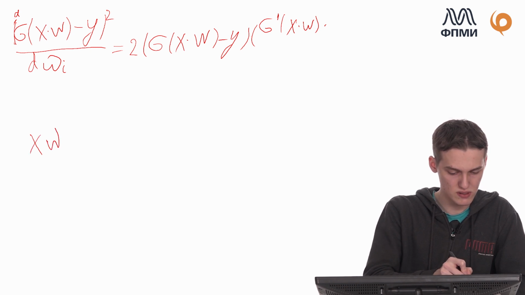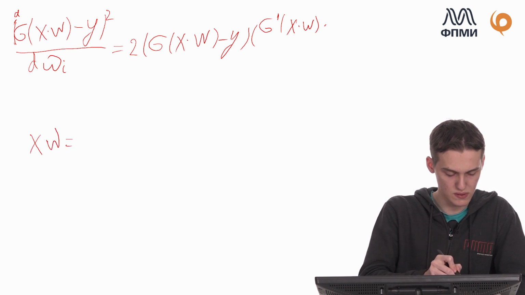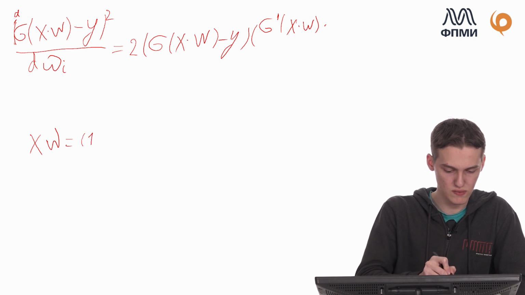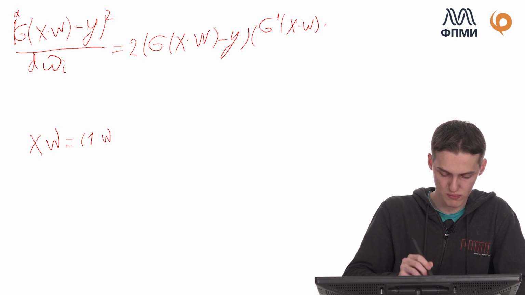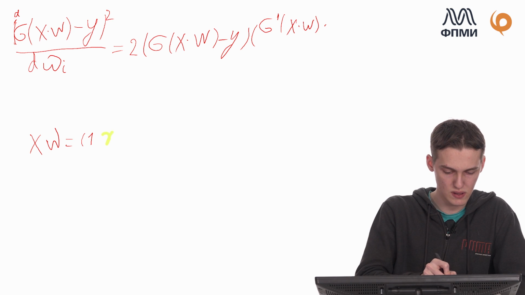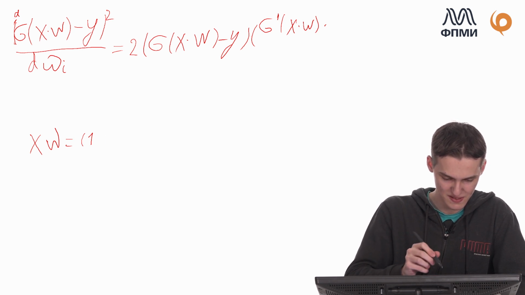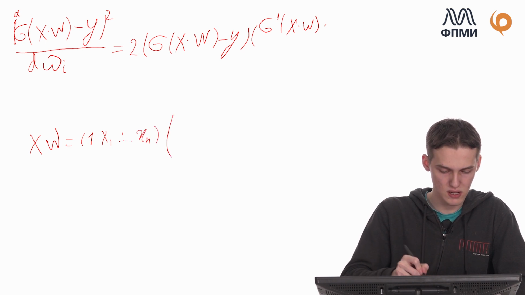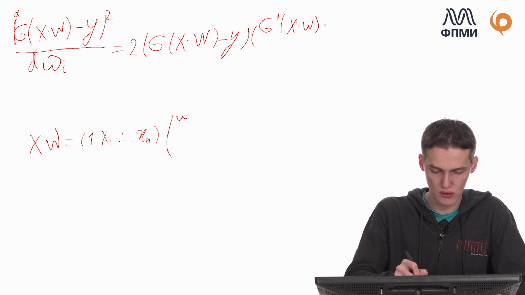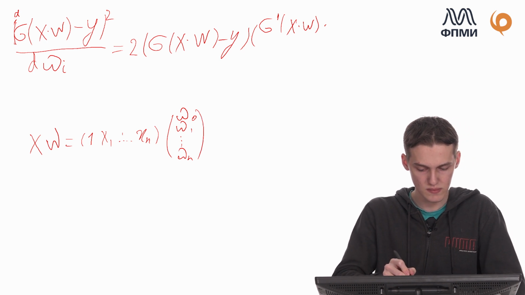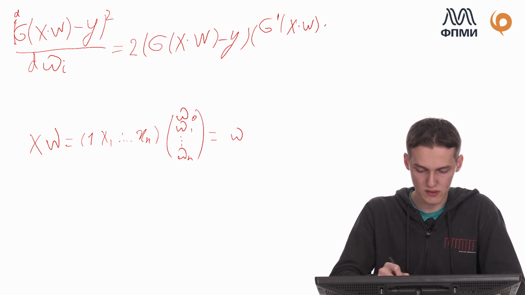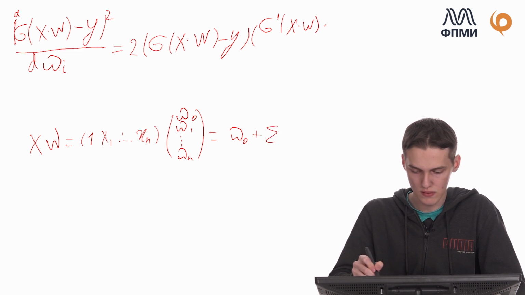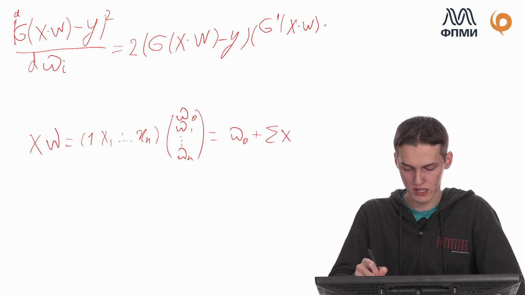Let's actually clarify this. Okay, x. Let's take x as a row. Dummy 1 for bias. x1 through xn times omega 0, our bias, omega 1 again, and it's going to be bias plus the weighted sum of parameters.